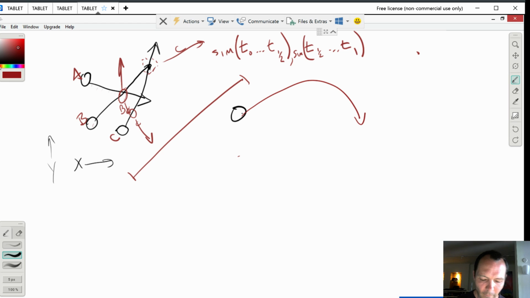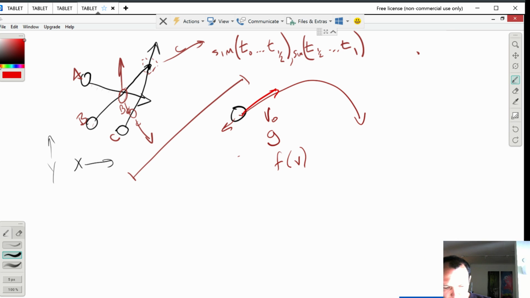It's not going to be exactly parabolic, but we have an initial velocity, we have an acceleration due to gravity. We'll have some friction force, which you could call f of v, right? So you're going to have some probably air friction pulling it backwards, even though its velocity vector is forwards, etc.